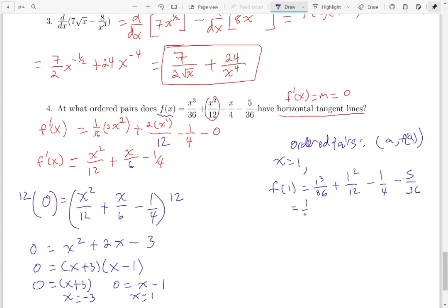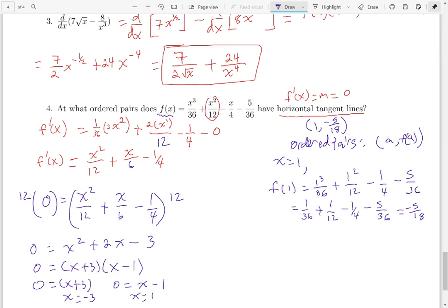Well, that's going to be 1/36 plus 1/12 minus a fourth minus 5/36, which I get to be negative 5/18. And so the ordered pair, the first one, is 1, negative 5/18.